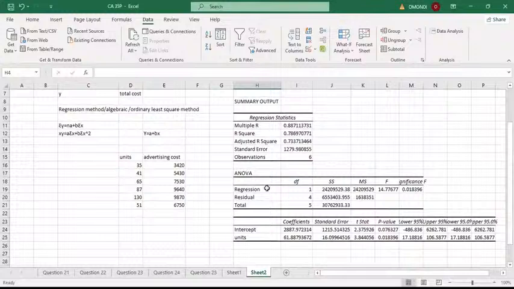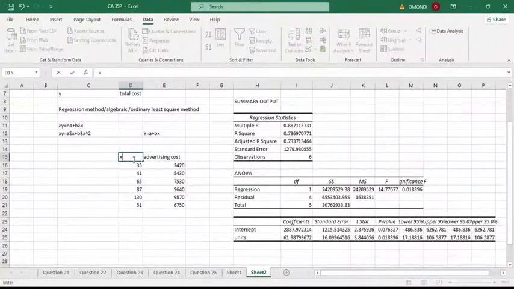If you are doing statistics, of course, you'll be looking at these other factors here, R squared, those ones. We don't need to concentrate on those ones here. Our interest here as accountants, as those who are doing the business data analytics paper, is the coefficients. Remember, our interest is y equal to a plus bx. So these units here, I could have replaced that by x, but I did it intentionally so that you see where you are going to get that value. Where do we have it? It is found here.